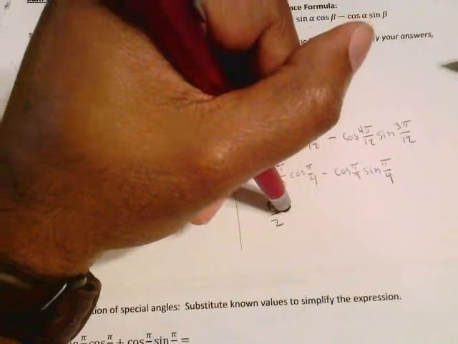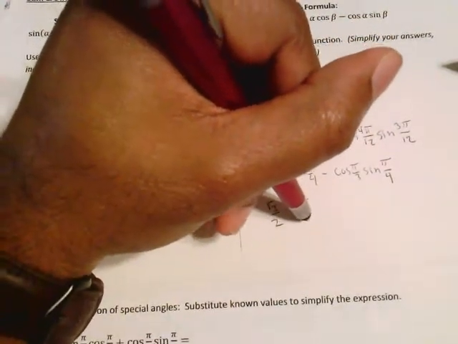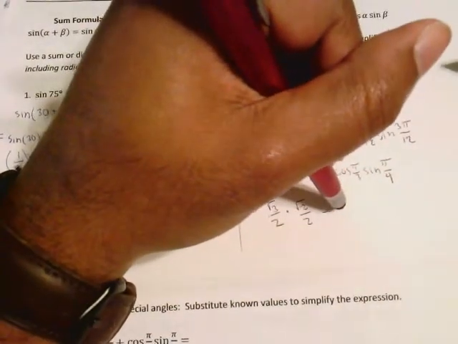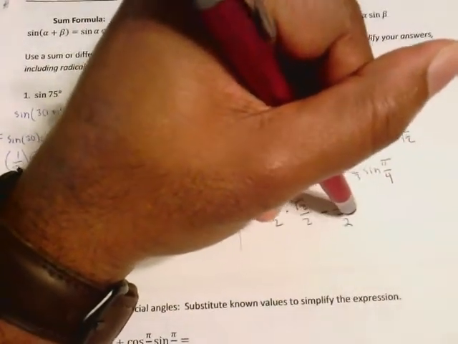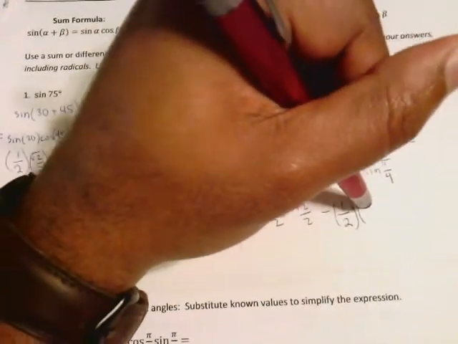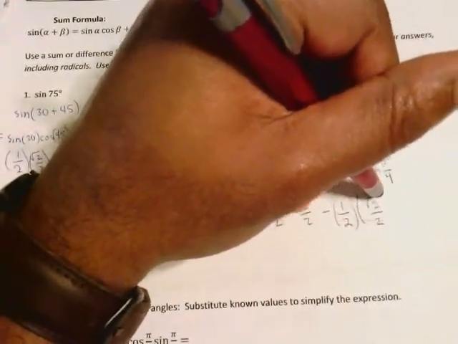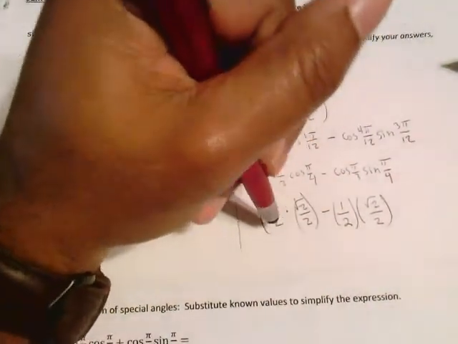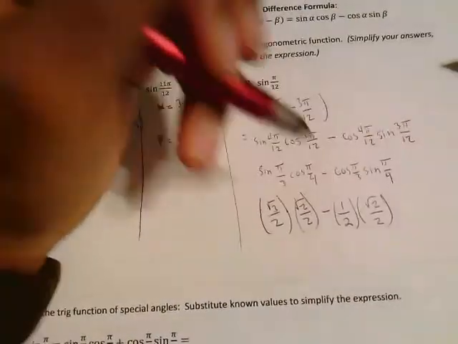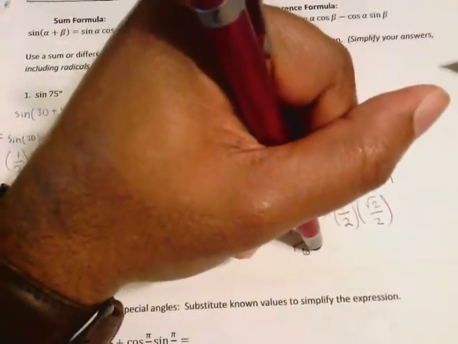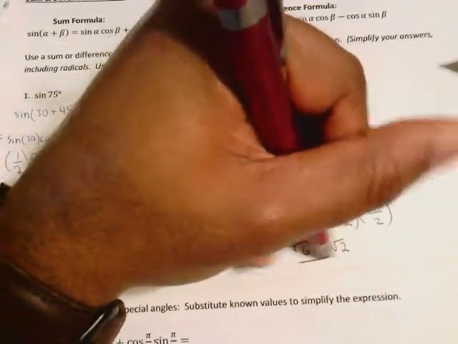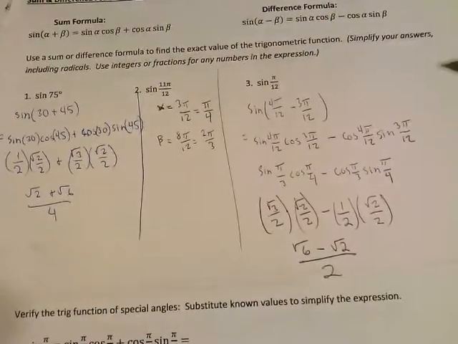Cosine of pi over 4, square root of 2 over 2, minus cosine of pi over 3 is 1/2. Sine of pi over 4, square root of 2 over 2. Multiplying these out, that will give us square root of 6 minus the square root of 2 over 2.